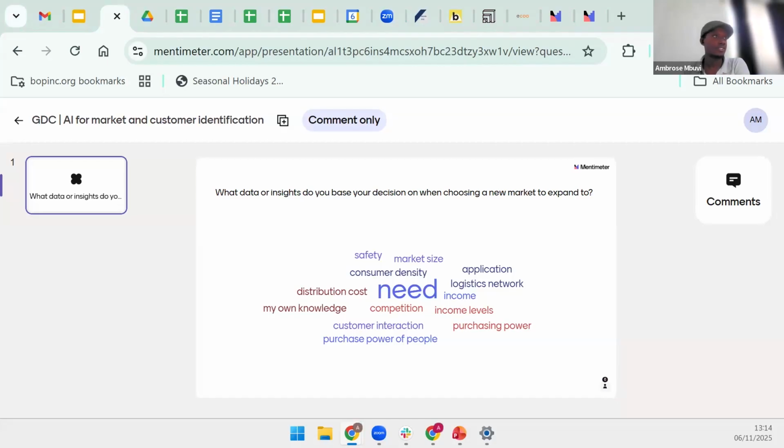Okay. So I don't know whether there's anyone who wants to, especially for someone who has mentioned the need, and those who have also mentioned the purchasing power or the distribution cost, or generally anyone within the cohort, would you like to share your perspective on the response you've provided?